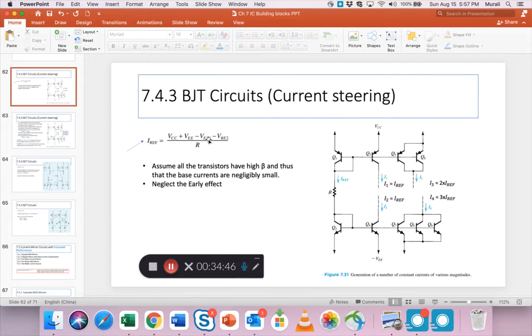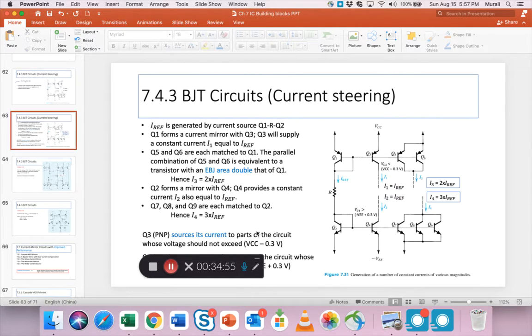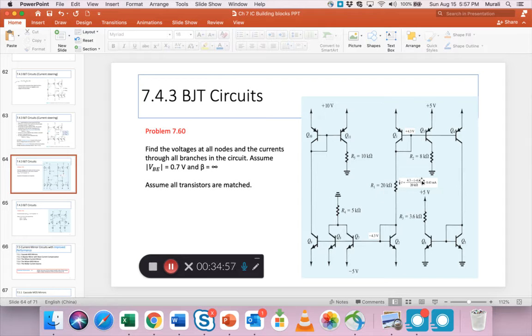You take the VCC, take out one BE voltage, you take the VEE, you take out another BE voltage, divide the whole thing by R, which is basically what I've done here, right? Because we've already taken this and dropped it to 4.3, we've taken this and dropped it to minus 4.3. So the current here is the voltage here minus the voltage here by R, which comes out to be 0.43. So we found one current here.